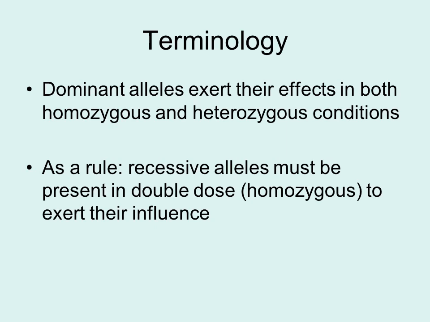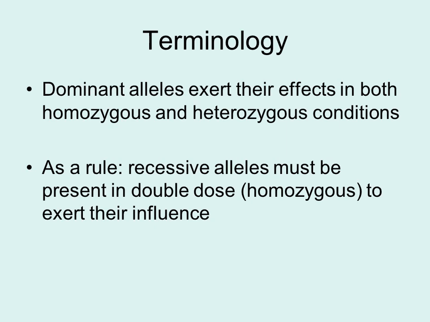Typically, the only time that you will see one of these recessive traits, such as blue eyes, is if both of the alleles that are present in that individual are for that recessive allele. In other words, the only way you're going to see blue eyes is if both of the chromosomes have the gene on it for blue eyes. Because as long as one gene is for brown, you're going to see the brown eyes.